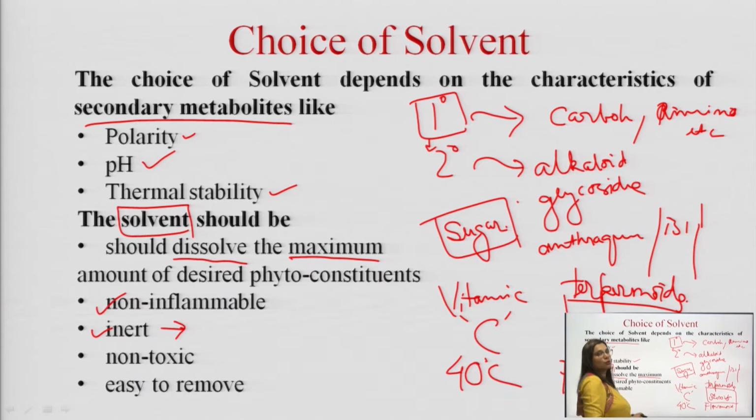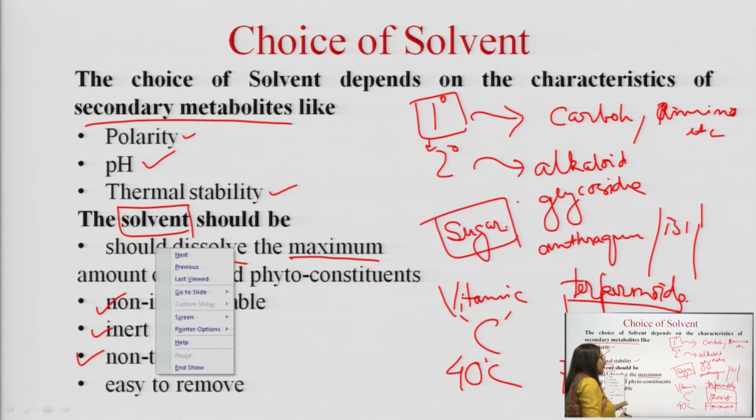That means it should not interact with the secondary metabolite to form a newer compound or some biologically inactive compound. Then comes non-toxic. Since we are utilizing these phytoconstituents for biological purposes, it is very important for the solvent to be less toxic in nature.